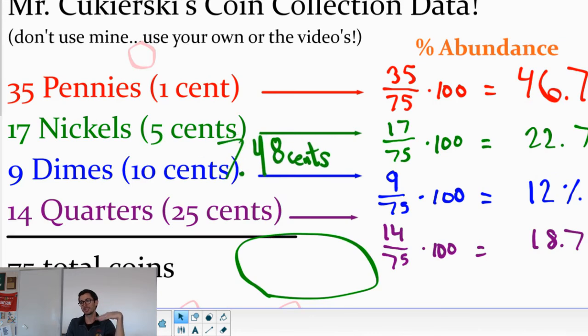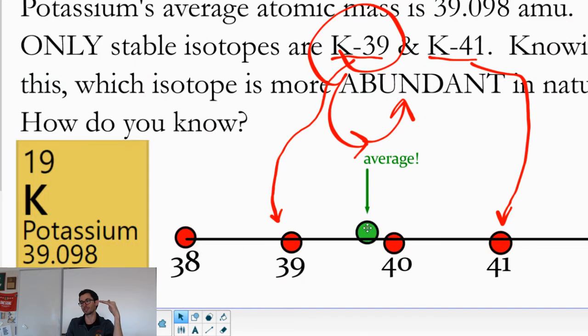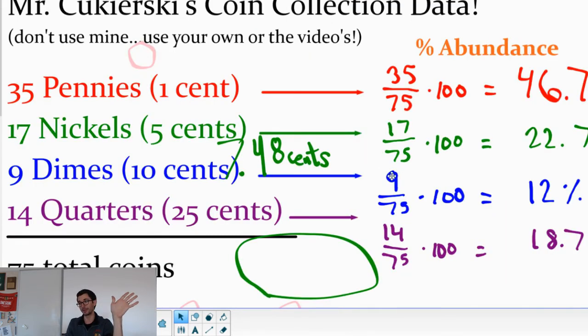In the same aspect, this average is stuck between 39 and 40. So if I ask you, given my average worth of a coin, 7.5 cents, which of these coins was most abundant in my collection? The answer is I don't know.